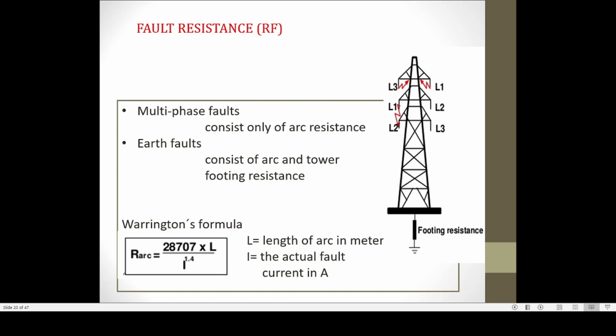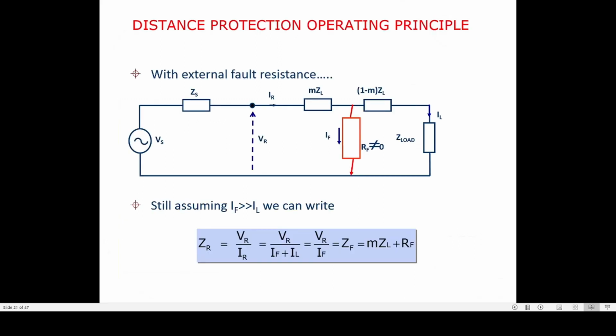So the effect of arc resistance is higher in case of remote end faults, as compared to a fault which is closer to the substation. Now we will study what the effects of fault resistance on distance protection are.